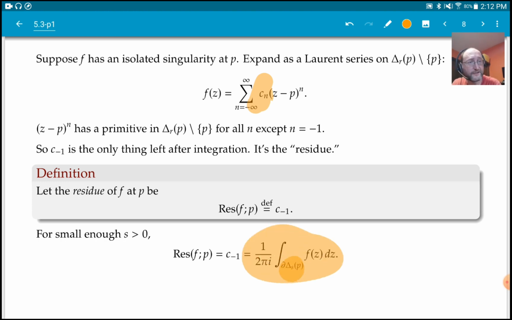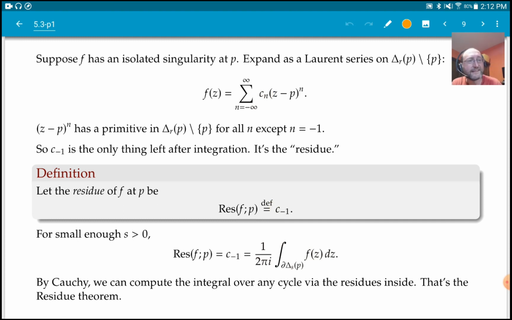This is the formula for the c sub minus 1. It is just the integral of f. So it's also this integral around a really small circle.